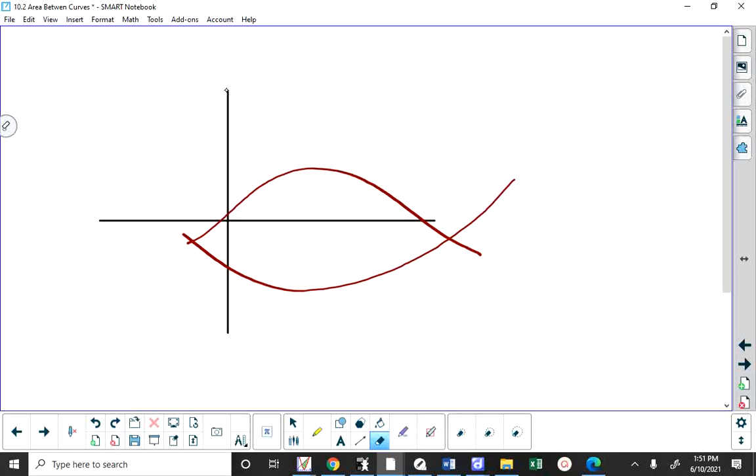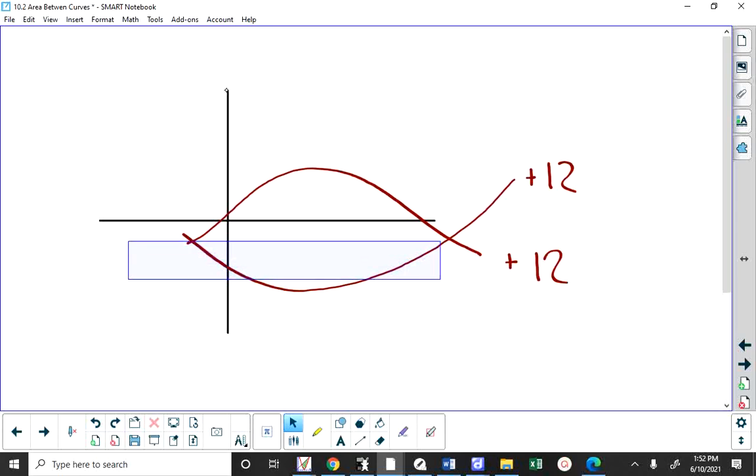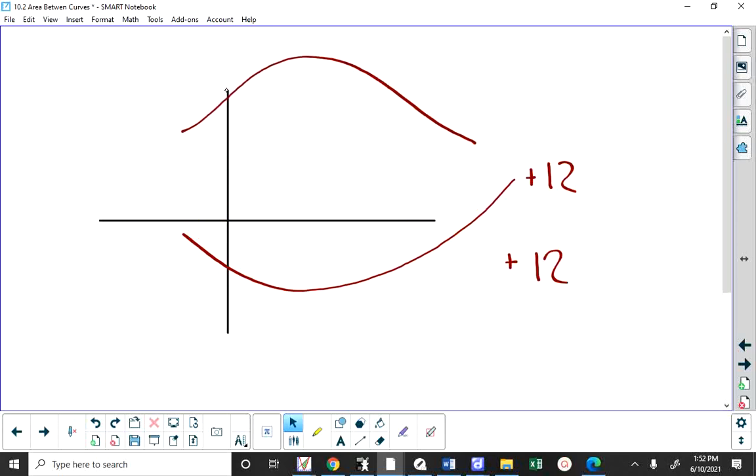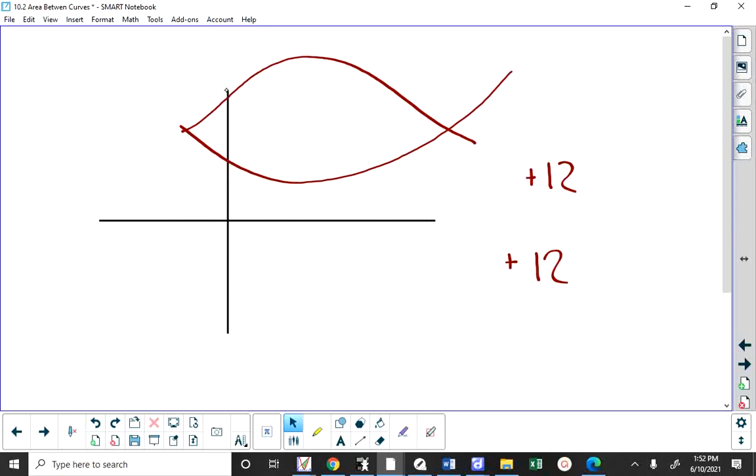And the reason is, even though those two functions do not lie entirely above the x-axis, if you add some number to each of those functions, and you add the same number, what you will be doing is shifting those two functions up the same amount.